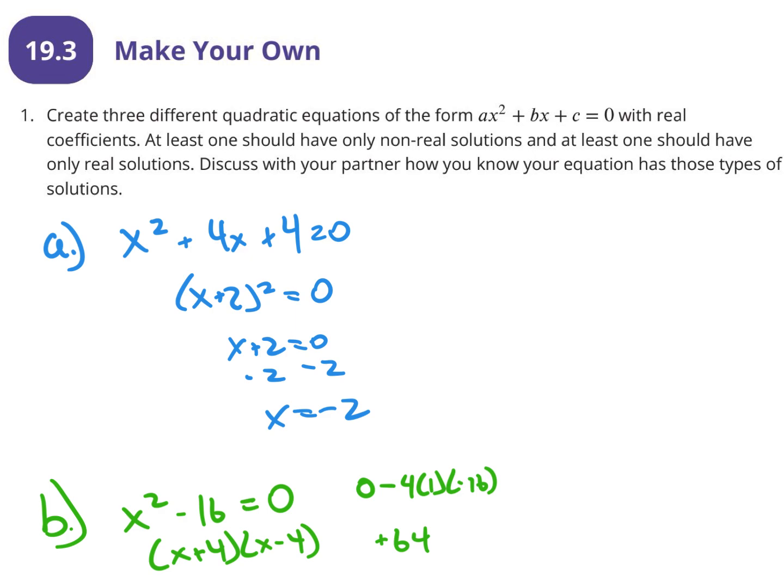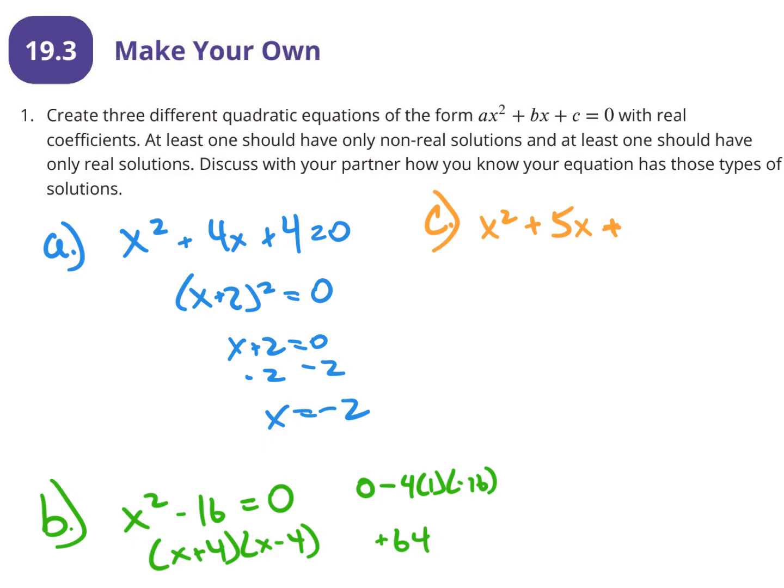All right. Now for C, I have to think now. Let's see, x squared. Okay, so whatever my B term is, let's say it's 5. My C term must be bigger than 5 squared, so it must be bigger than 25 over 4.